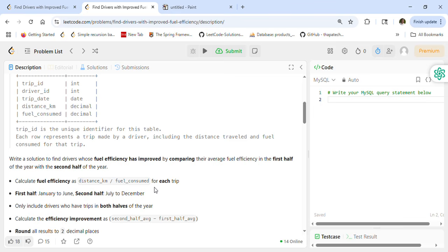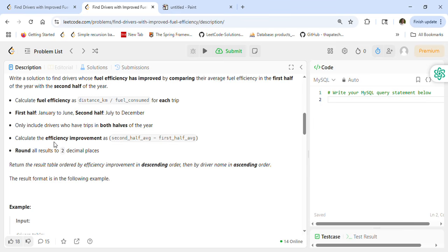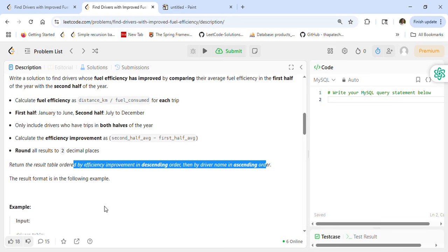First half is from January to June, and second half is from July to December of the year. Only include drivers who have trips in both halves, and calculate efficiency improvement, which is second half average minus first half average. Round all results to two decimal places. Return the result table ordered by efficiency improvement in descending order and driver name in ascending order.